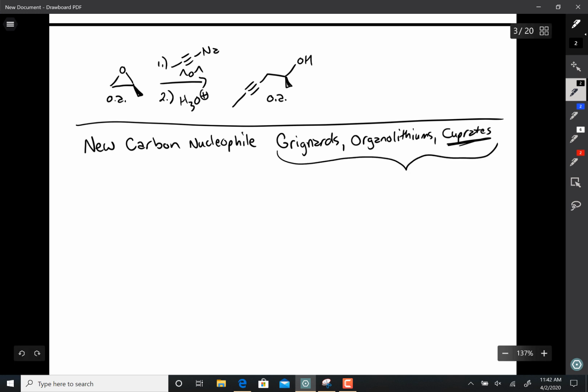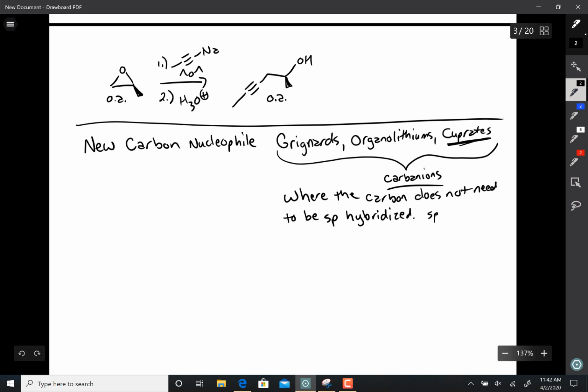But what these are is a different type of carbanion where the carbon does not need to be sp hybridized. It can be sp2 or sp3 hybridized.